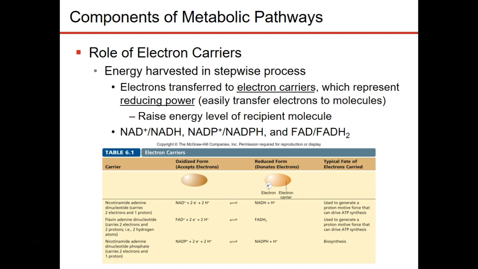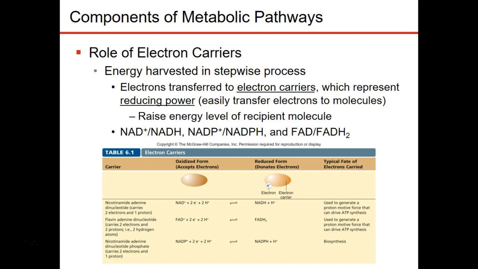Their job is to pick up electrons and hydrogens anytime an enzyme breaks down a molecule and releases or oxidizes that molecule. NAD, FAD, NADP will pick up those electrons and those hydrogens and move them to wherever they need to go.